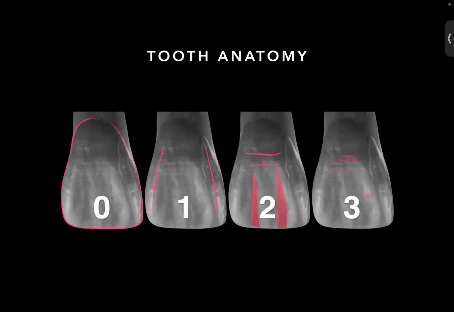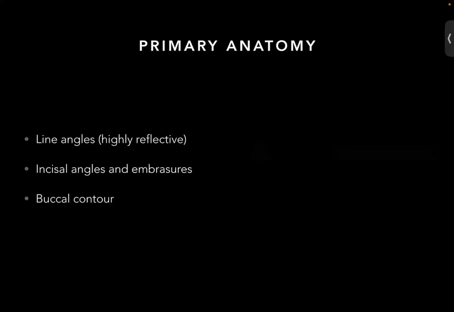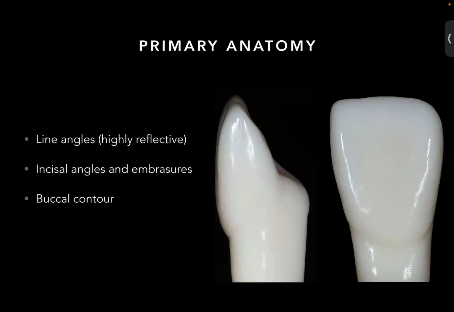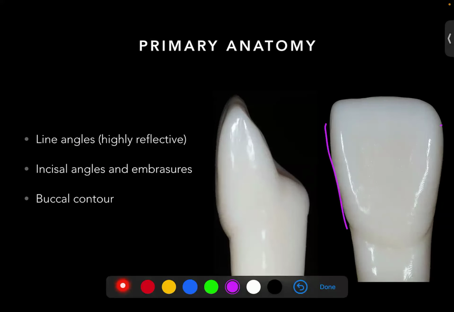Let's understand tooth anatomy, since we are now going to replicate tooth anatomy externally. There are basically primary, secondary, and tertiary anatomy. Primary anatomy is the line angles, which you see in this picture on the left, this and this.